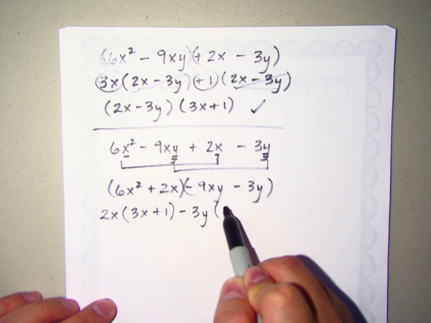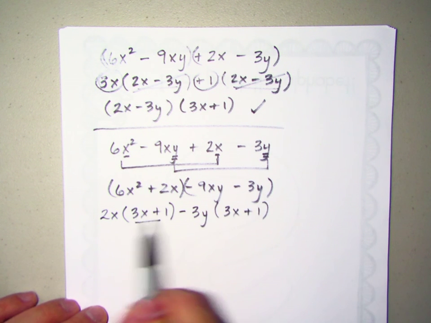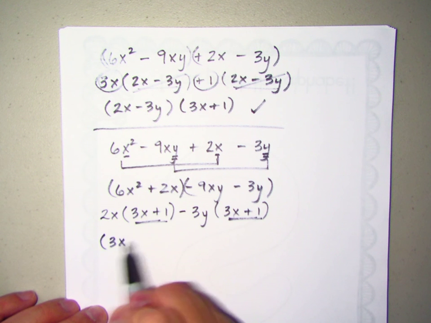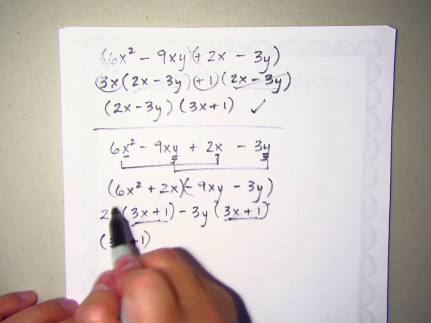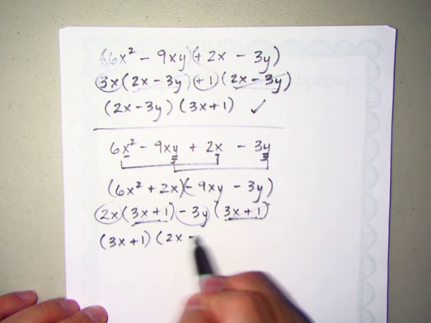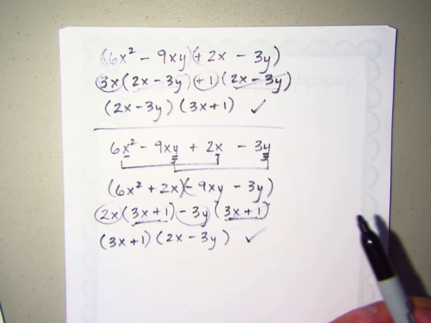Again, these 2 terms match. So I will take the greatest common factor again out of both of those. And what is left is what stays inside my parentheses. Exact same thing as what we got above. All right, and that method is called factor by grouping.